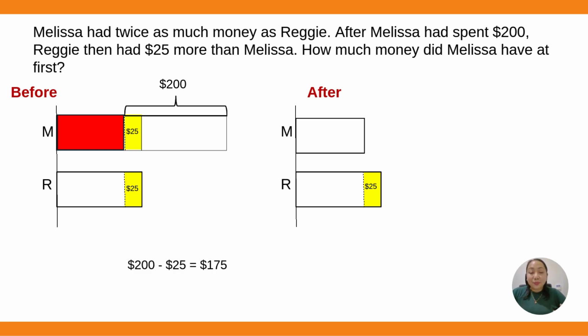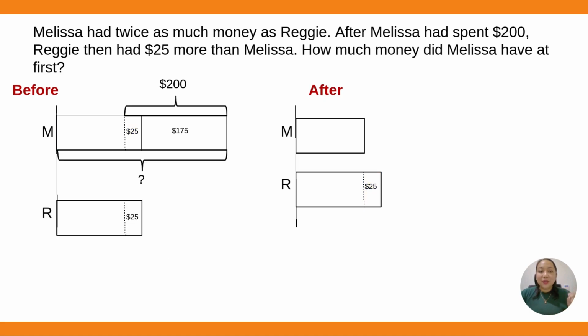Notice that that marked $200 includes that small part labeled $25. So we can now compute. $200 take away $25 is $175. We can now mark that part $175.